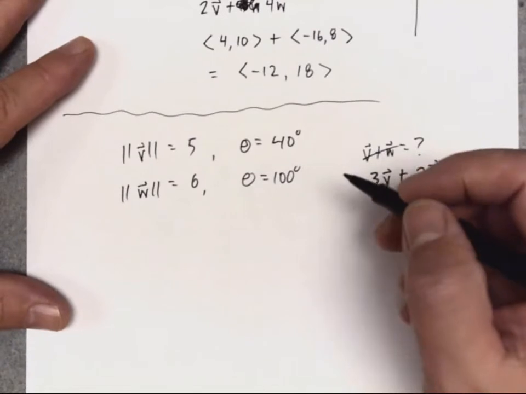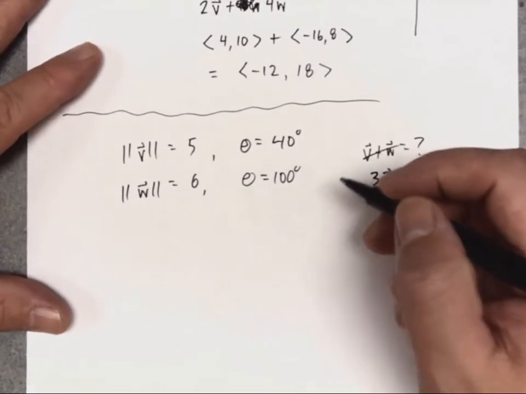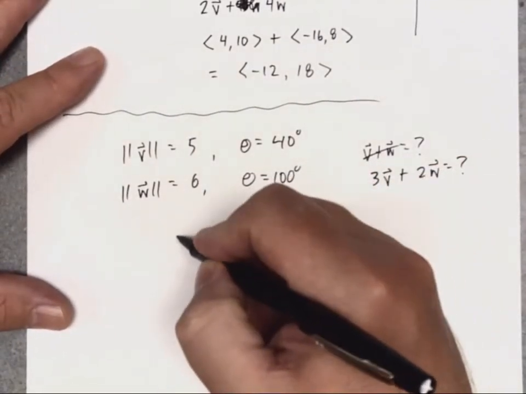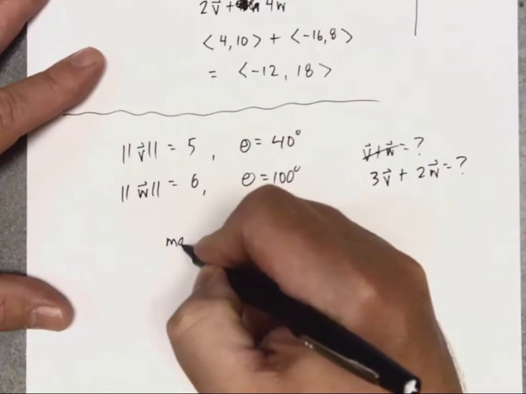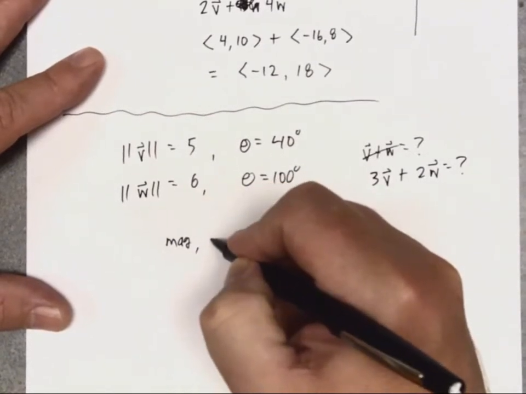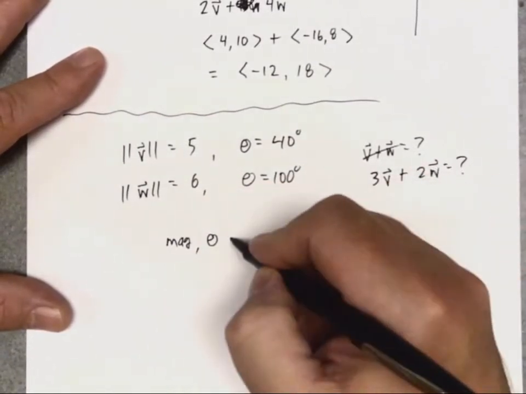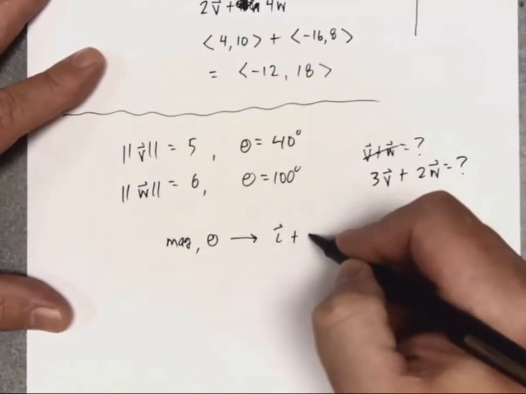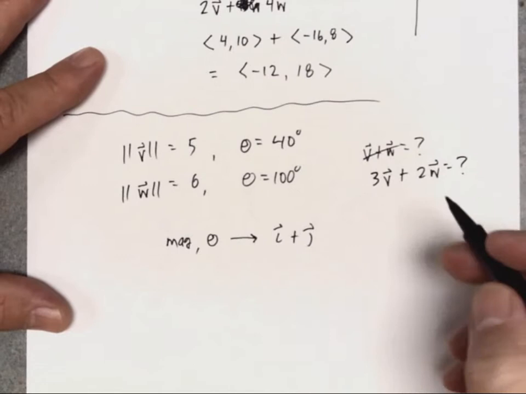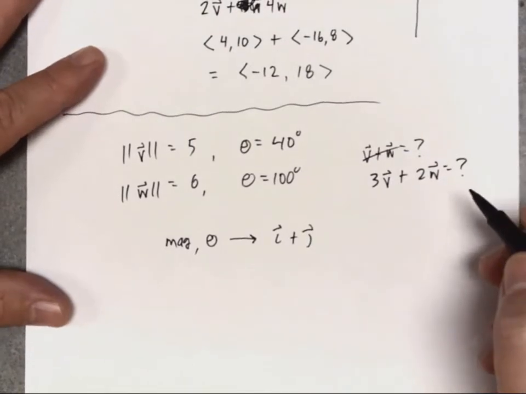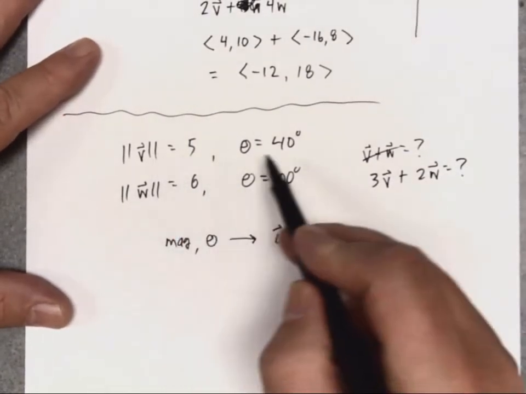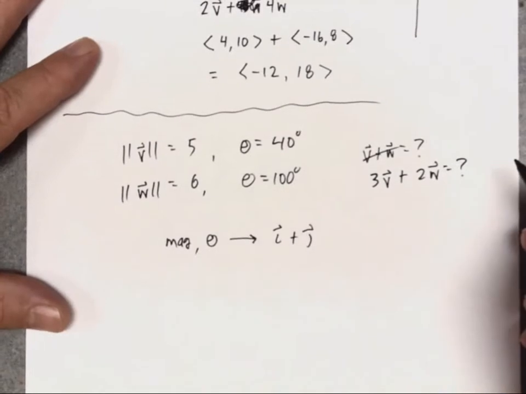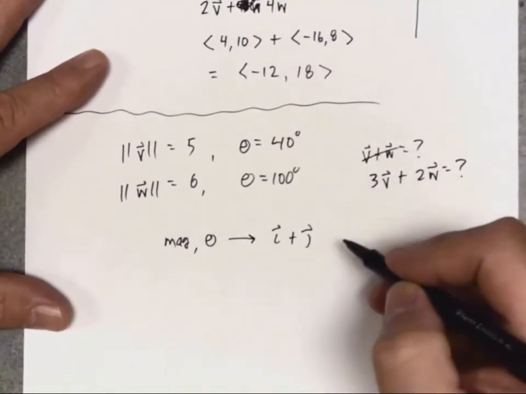In fact, what we have to do is, if you have a vector with magnitude and direction, you actually have to convert the vector to ij form. So in a minute, I'm going to take both these vectors and convert them to ij form.